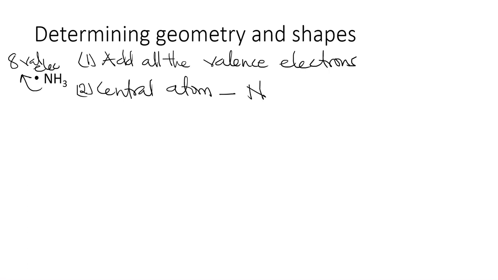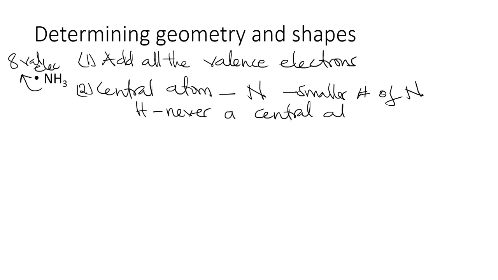The central atom is N because we have a smaller number, and also because hydrogen can never be a central atom. Rule 3, connect side atoms to the central atom. So I'll take nitrogen and then connect side atoms there.